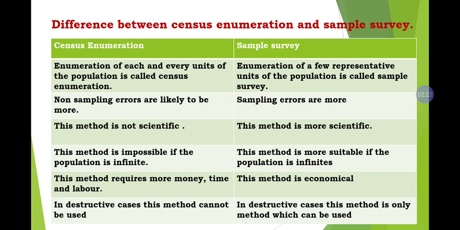So sampling error will be less in census enumeration, and more in the survey method, because we randomly check 20 out of 100 people, and the information we require may not be up to the mark.